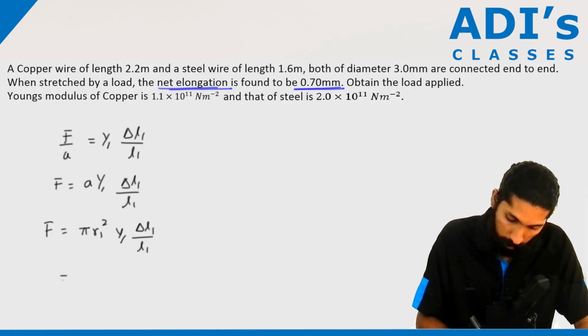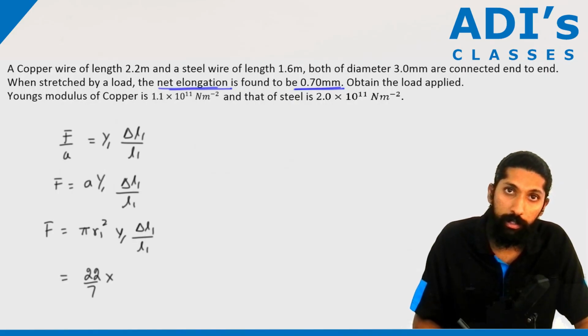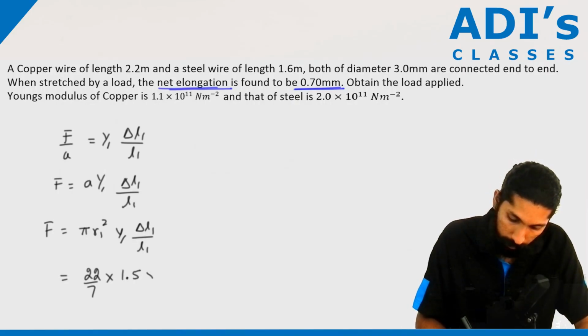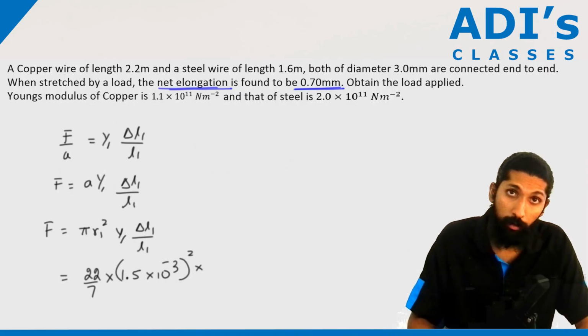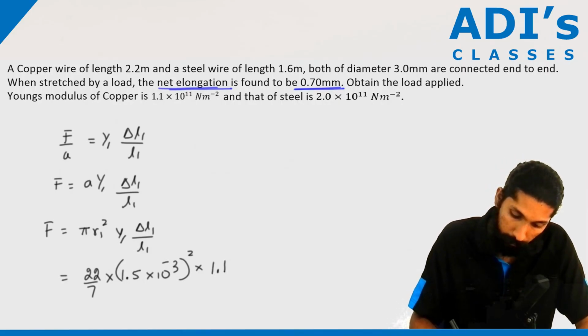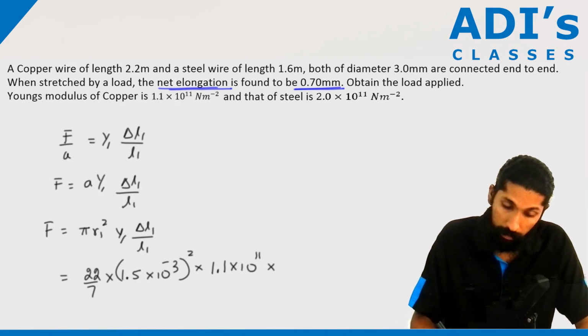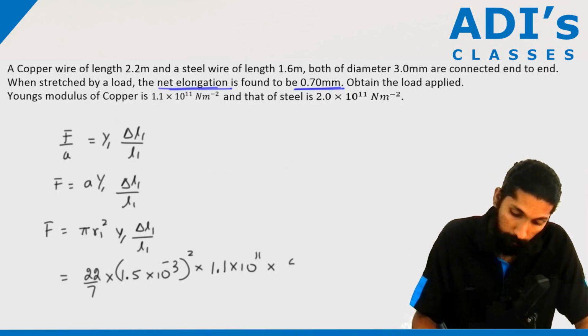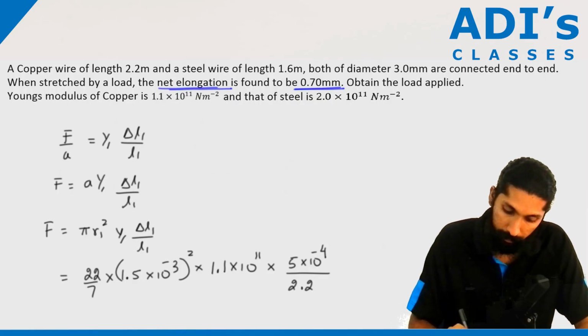Now pi value is 22 by 7, into radius 1.5 into 10 power minus 3 whole square, into, for Y1 you can take the value for copper, which is 1.1 into 10 to the power of 11, into delta L1, which is 5 into 10 to the power of minus 4, divided by L1, which is 2.2 meter.